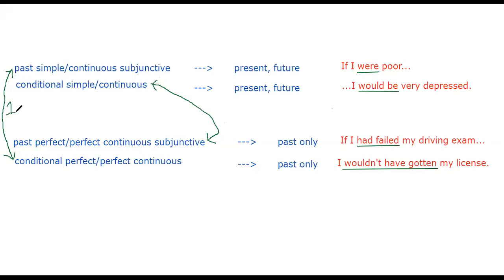So we'll call this one number 1, and we'll call this one number 2. So we have a second conditional here. So I'll call this one the second conditional. And this one is the third conditional.